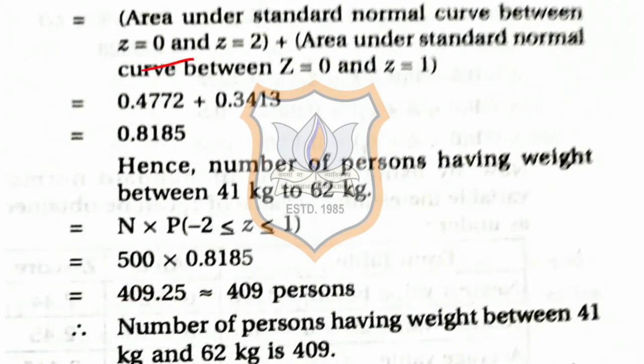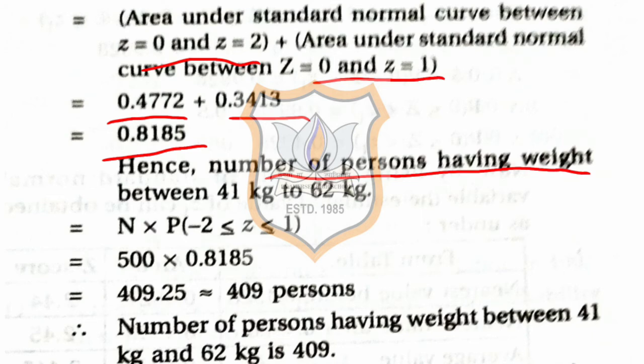From 0 to 2, the area is 0.4772. The area under the normal curve from Z equal to 0 to Z equal to 1 is 0.3413. So when we add them, we have 0.8185.